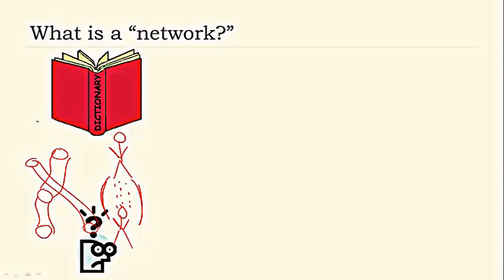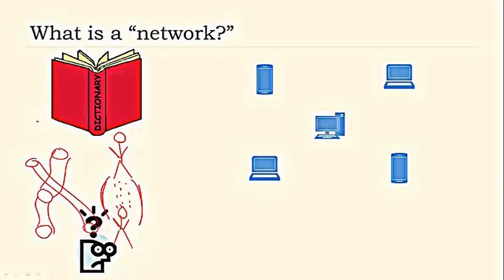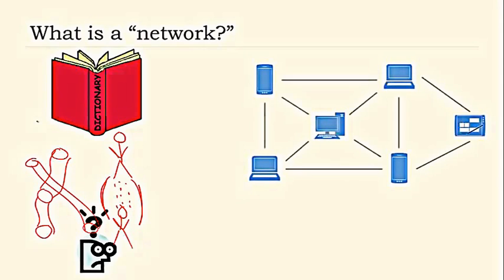So now, let's try something a little simpler. What about a group of people, like you or me, or things like smartphones, laptops, desktops, or tablets that are all connected in some way? Now, these connections might be over wires or cables, or they might be over the air, like over a wireless interface.